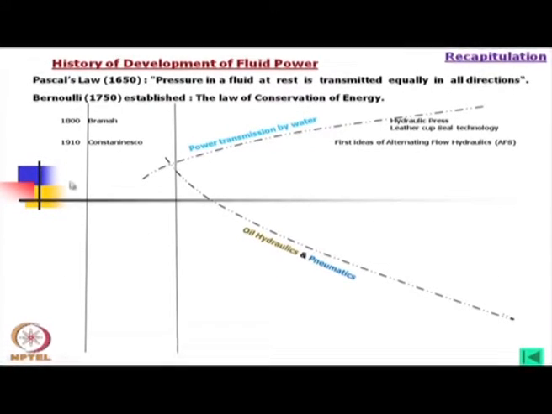If we look year-wise, after about 100 years, the first idea of alternating flow hydraulics was proposed by Constantinescu, but it was not that popular. The hydraulic system, the fluid power system we use, is basically a DC system, direct.